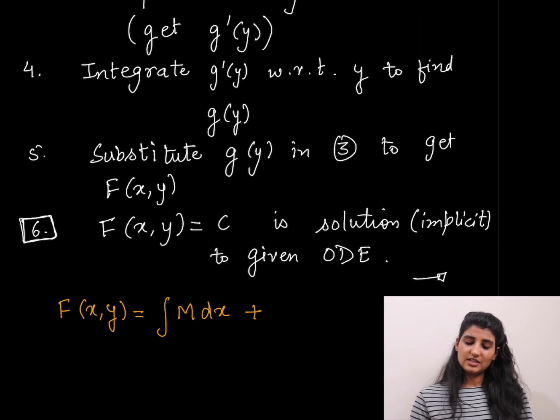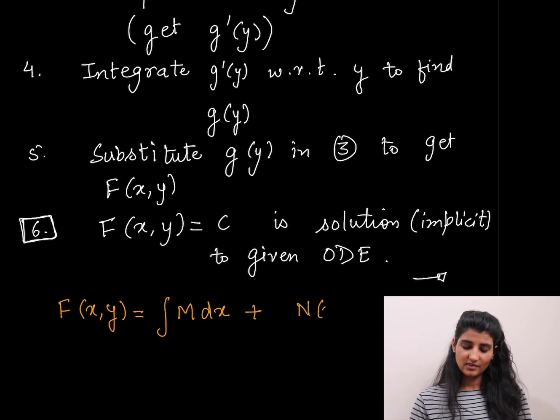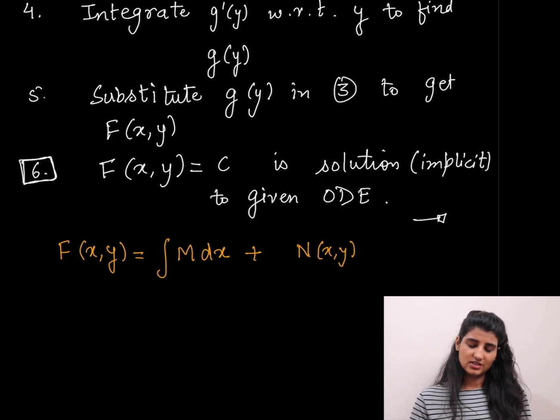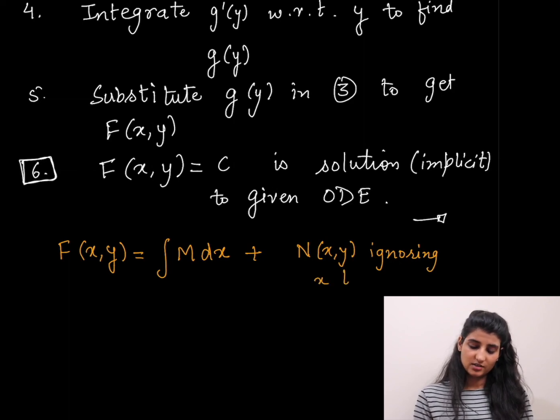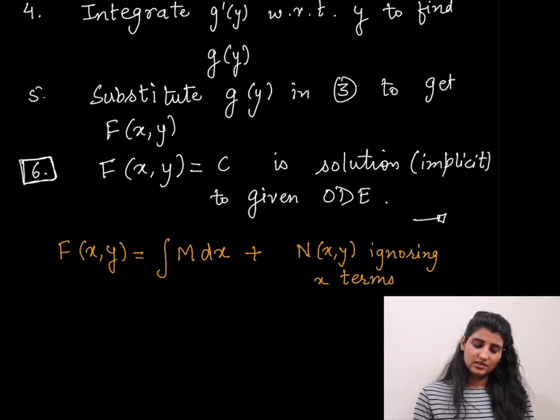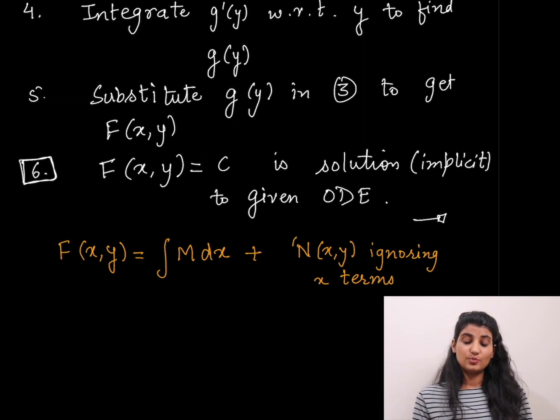So we are basically considering all the terms of N which don't have any x. So N(x,y), or you can say N ignoring x terms, that will be your g prime(y).